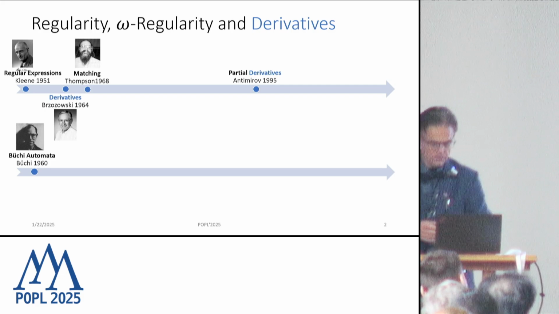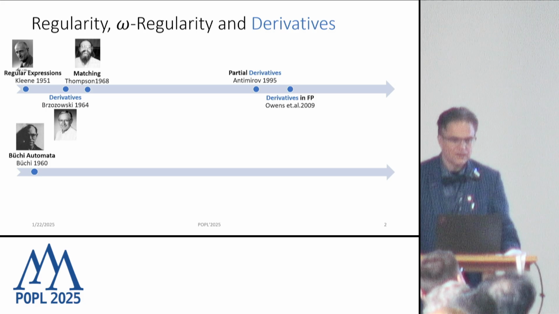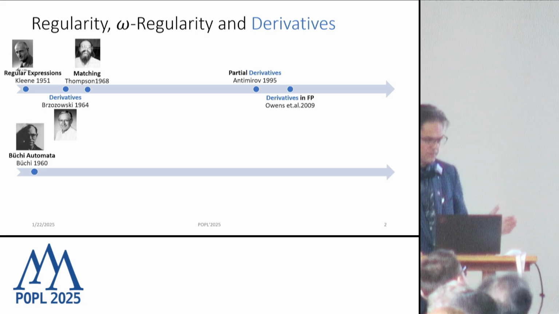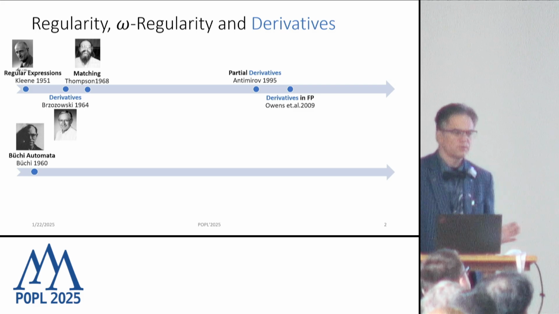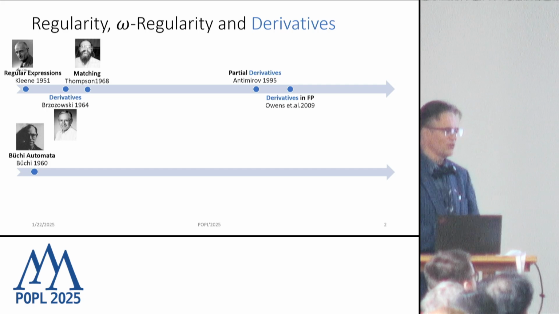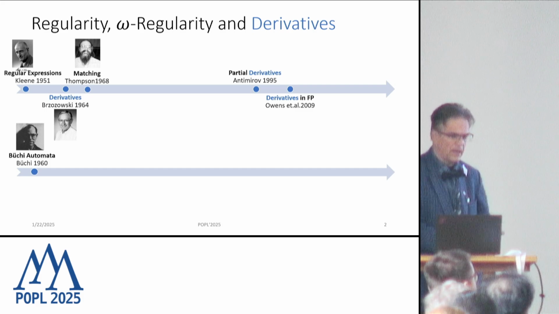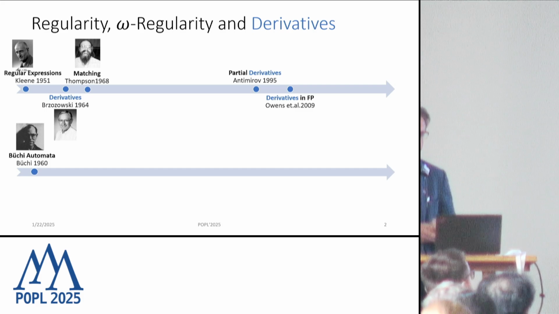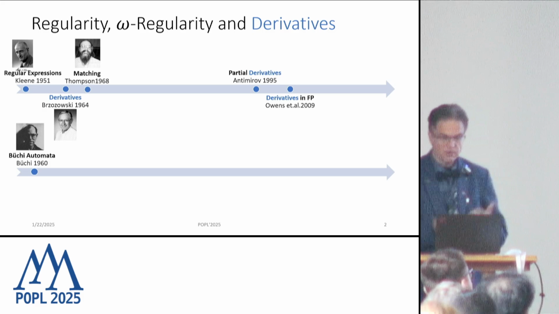And then it was in 2009 that Owens and other people realized that a bunch of the theory that Zhuchko initially introduced had somehow been forgotten. In particular, that you can actually very efficiently deal with complement and intersection in the context of regular expressions and get it to work fast.